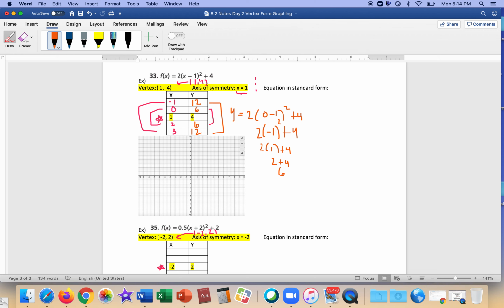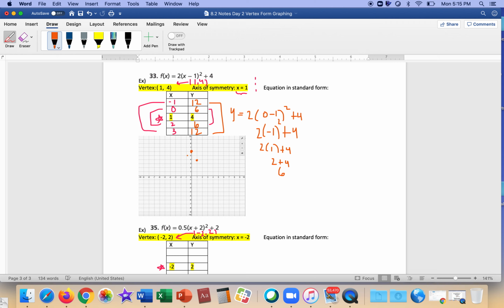Okay, so now we'll go and graph if you want to plot those points. So I like to do the vertex first. So we have 1, 4. We have 0, 6.